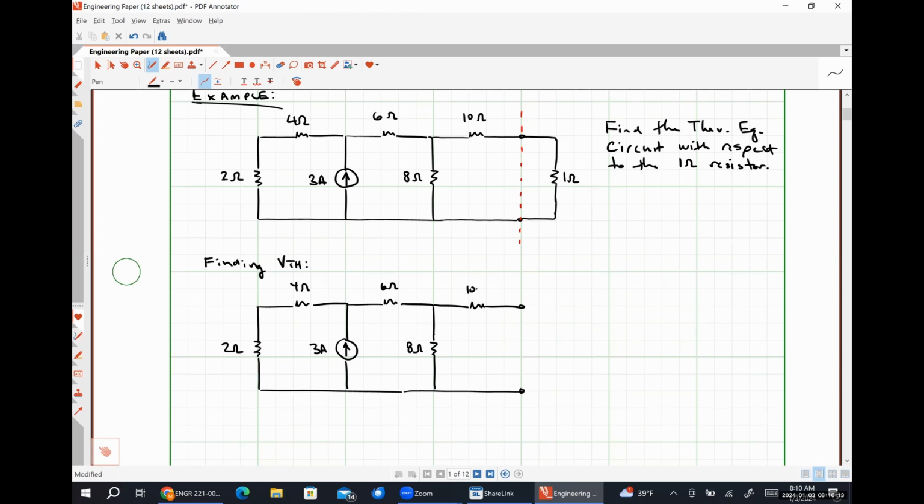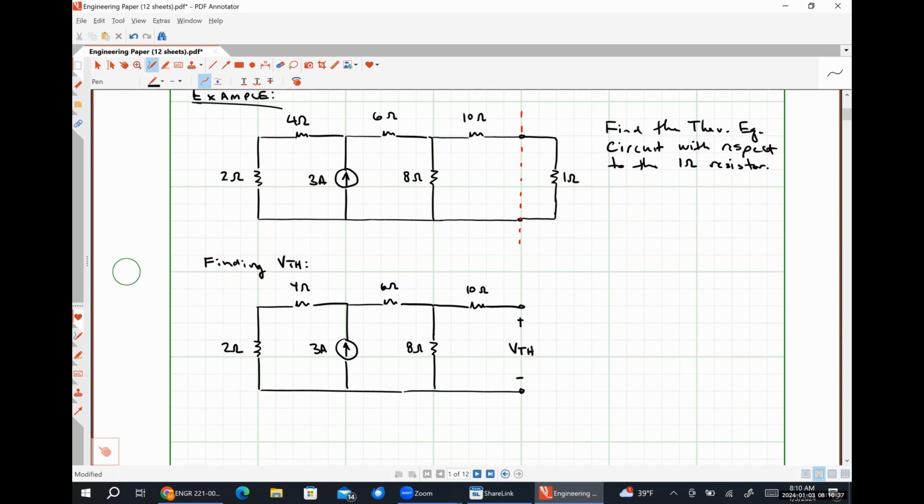So now I have an open circuited set of terminals, and my Thevenin voltage is simply the voltage drop across these open circuited terminals. Now, I arbitrarily chose to put the positive polarity terminal on top, the negative polarity terminal on bottom.